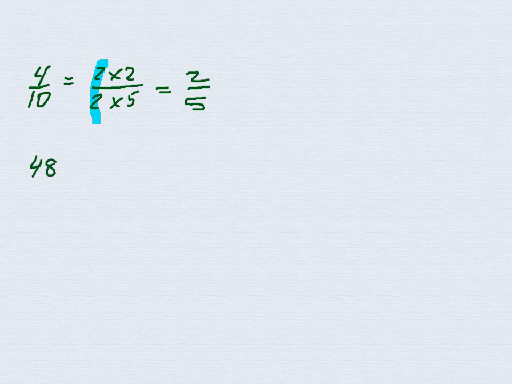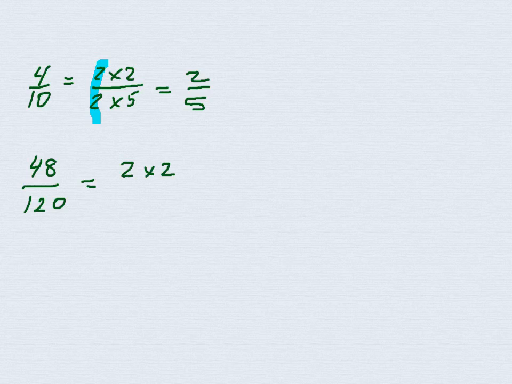48 over 120. These are the two composite numbers that we broke down in the previous video. So 48 was 6 times 8, or 3 times 16, or 12 times 4. Long story short, it was a series of factors.